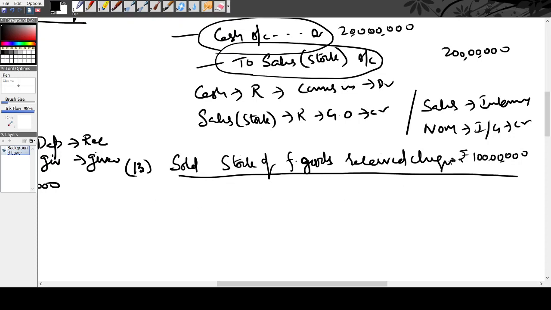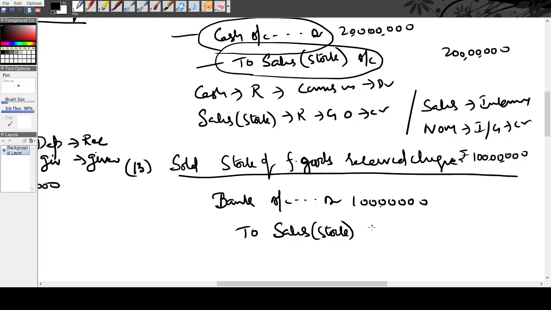Now what will happen? When we receive a check, we deposit the check in the bank and the bank receives money. So bank account is debited here. And this money is coming for an income called as sales. I am selling stock. Stock account, sales account should be credited.